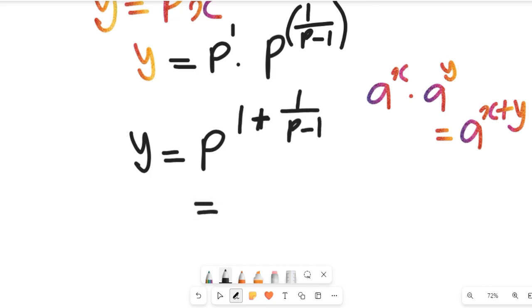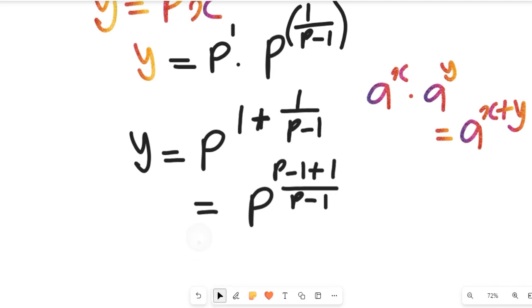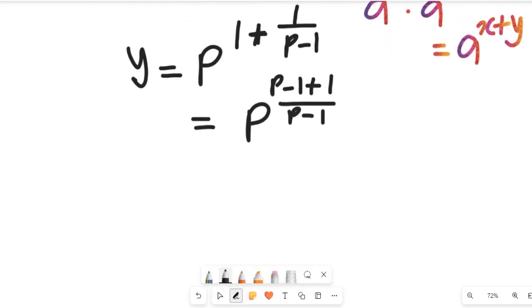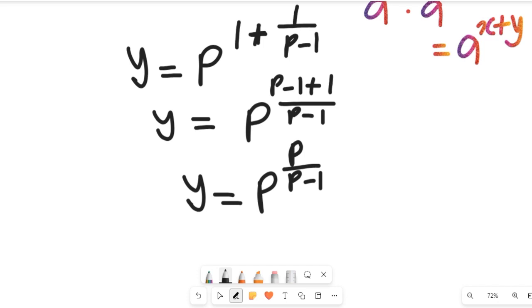So this will be p all to the power of p minus 1, plus 1 over p minus 1, and this whole thing will give us our y equal to p to the power of p divided by p minus 1, and this is the value of y.